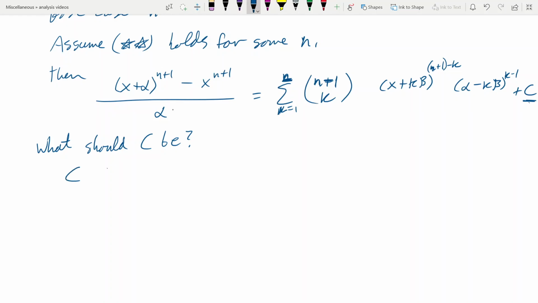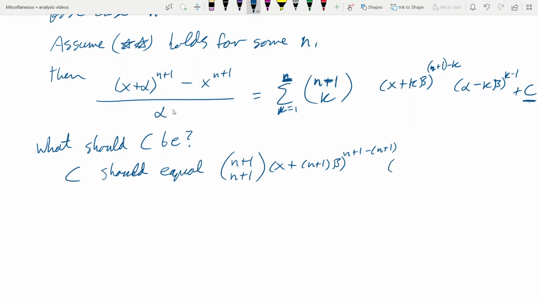So c should be n plus 1 choose n plus 1, times x plus n plus 1 beta to the n plus 1 minus n plus 1, and then times alpha minus n plus 1 beta to the n plus 1 minus 1.